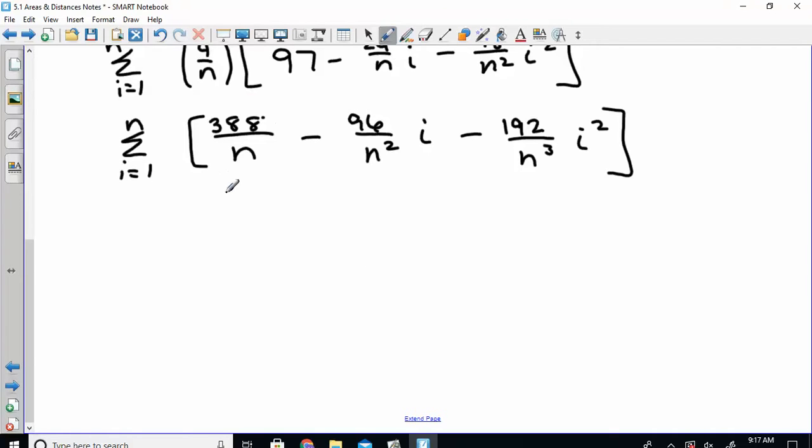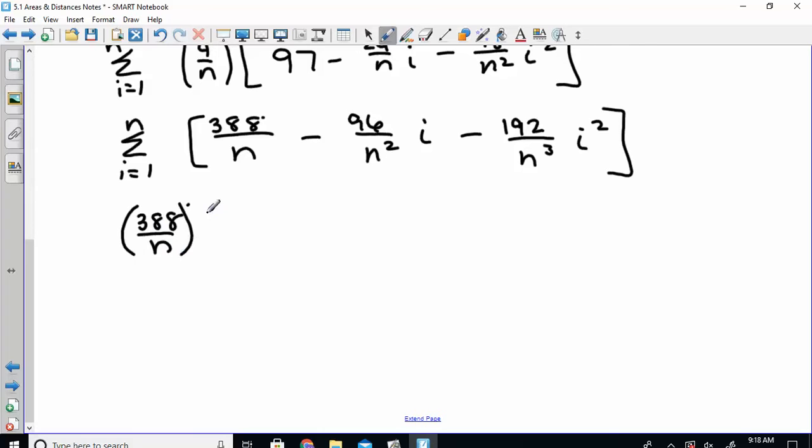So now we're actually adding these up. Remember, i is the only thing that changes. So 388 over n is just like a constant. So if I add that up n times, what do you have to do? Multiply it by n.